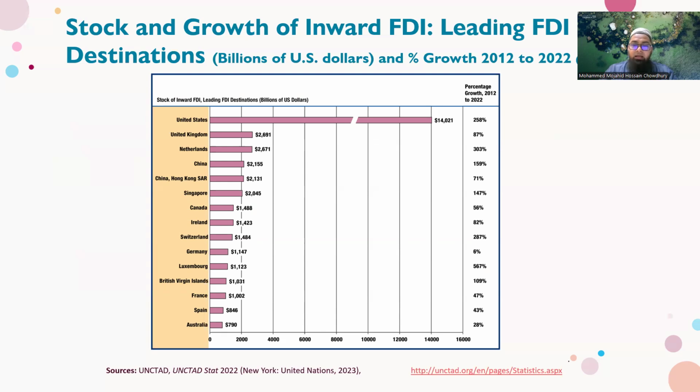The USA has the highest foreign direct investment attraction, followed by the UK and Netherlands. Very interesting, being a small country, but still they are getting too much foreign direct investment. China was also getting foreign direct investment. Very unfortunately, no African countries are getting foreign direct investment.